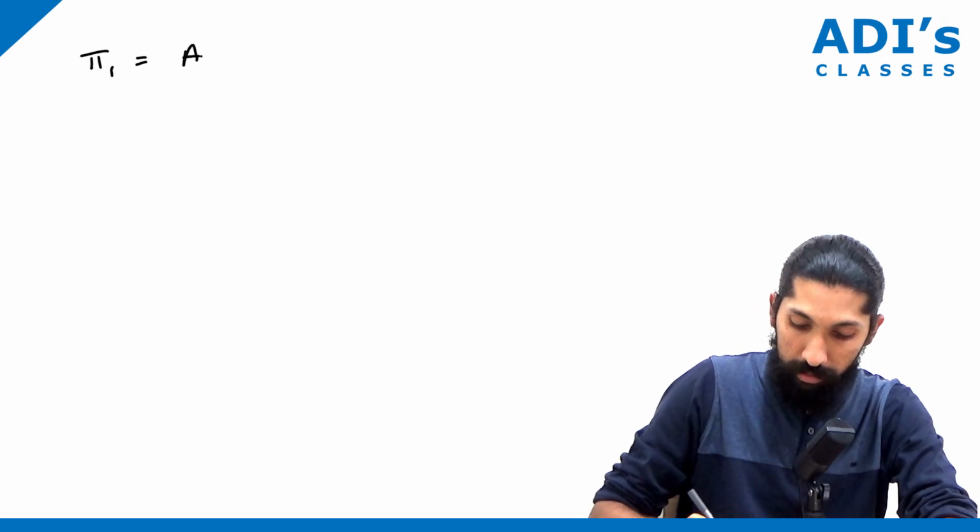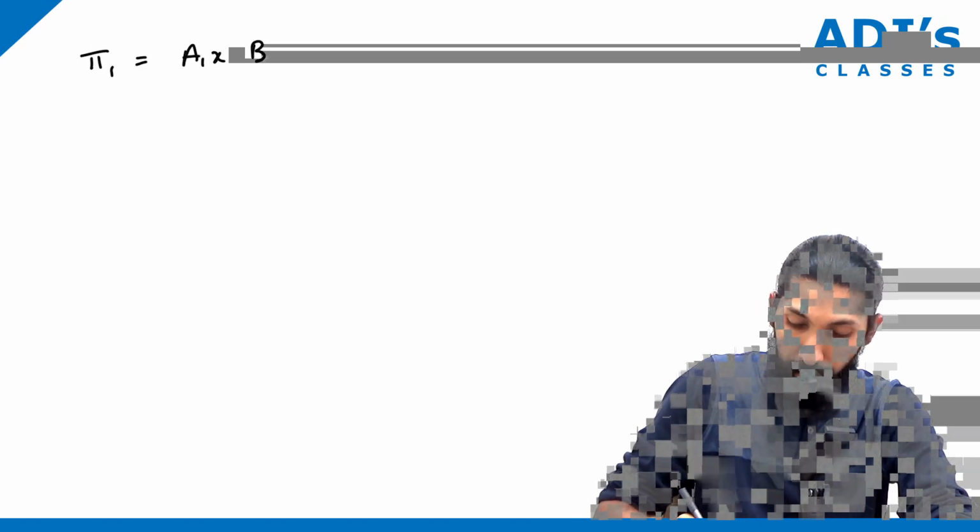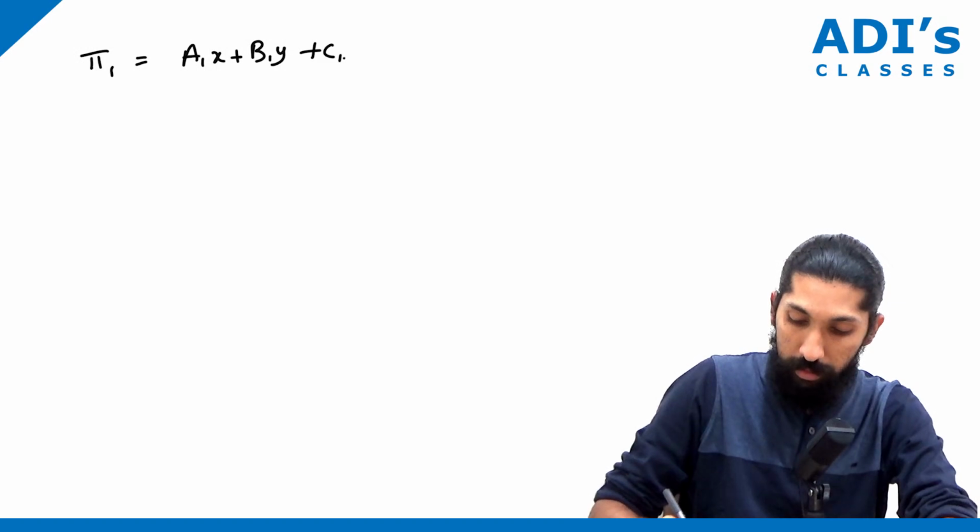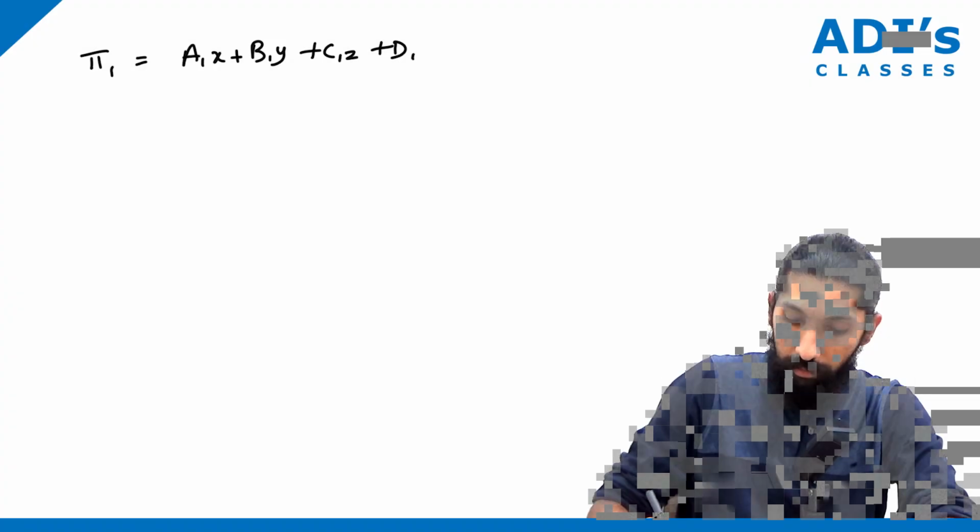In the Cartesian form, see what we'll do, we'll take the equation of the plane. Okay, so the equation of the plane, say pi 1 is equal to a1x plus b1y plus c1z plus d1 is equal to 0.